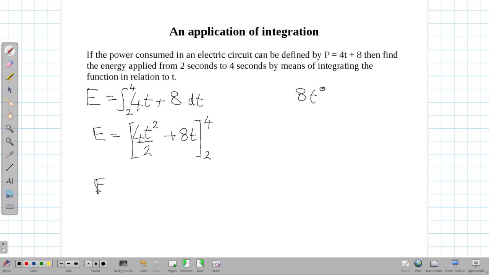Okay, so E equals, this will cancel down to 2, so 2 times, substituting 4, so 4 squared is 16, so that's obviously going to be 32, plus 8 times 4, 32 again, minus, so this time we're substituting in 2, so 2 squared is 4 times 2 is 8, plus 8 times 2 is 16, so we've got there 24, minus, here we've got 64.